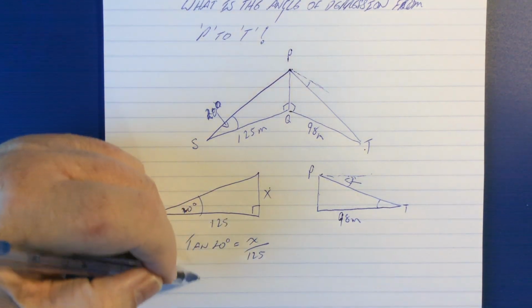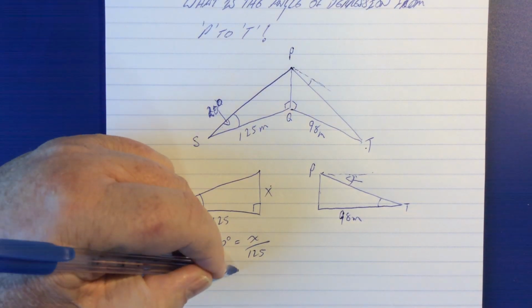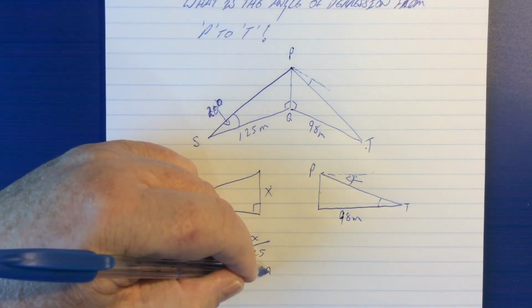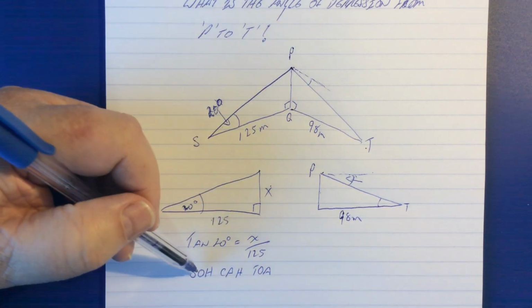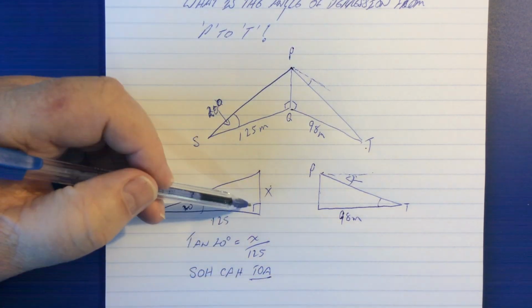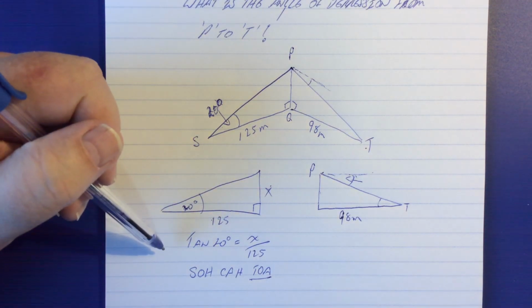I get that by just applying SOHCAHTOA, which you hopefully are familiar with. This gives you the three basic ratios for a right-angled triangle, and this is the one we're using. The tangent is equal to the opposite over the adjacent.